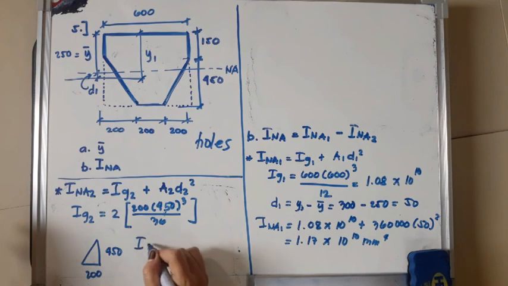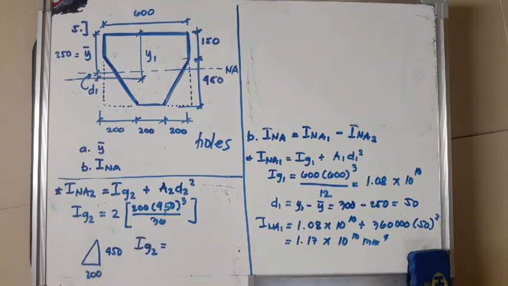So Ig2 is 10125, then 5 zeros, raised to 4.